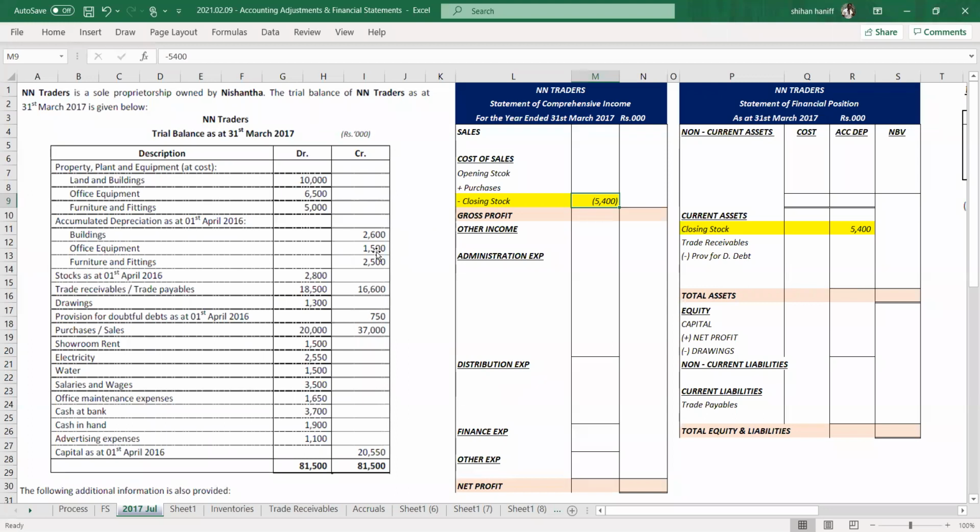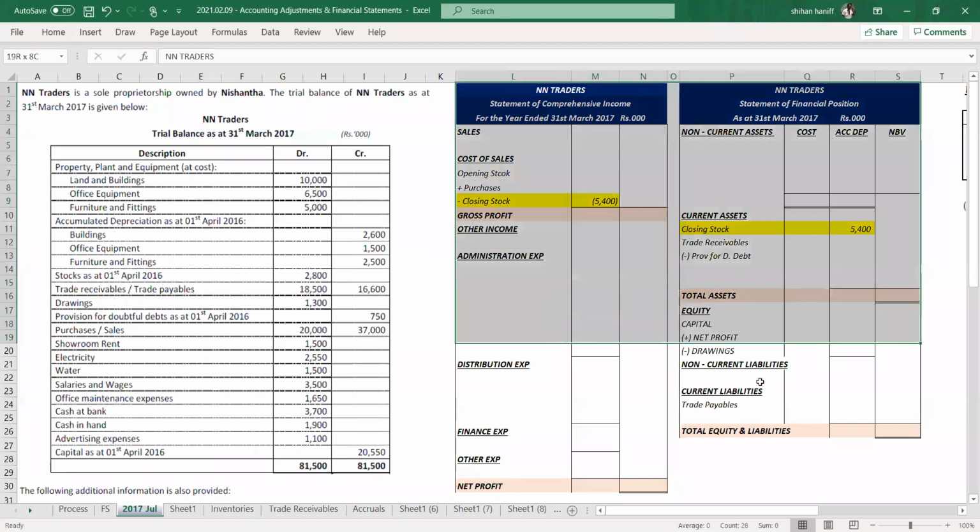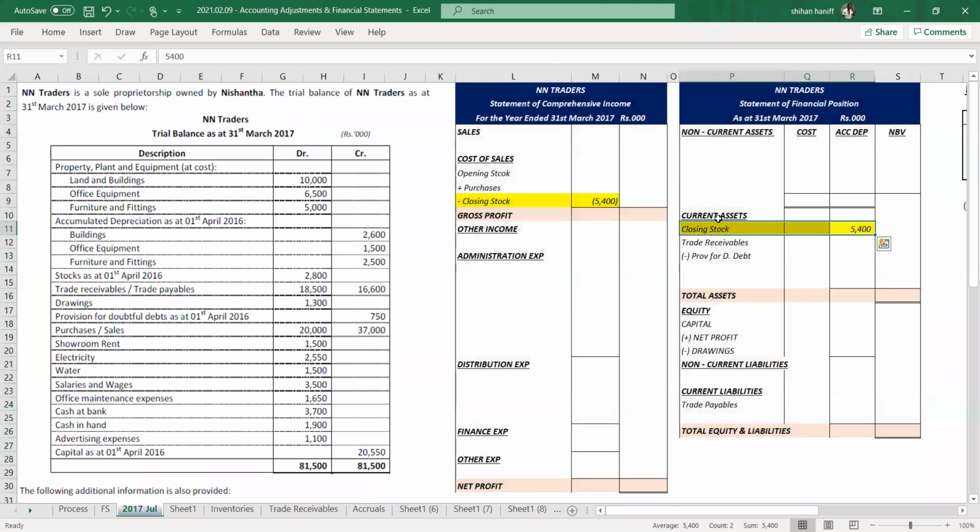From this question, what I need is to understand the format. Only the format. Later, we'll do more complex adjustments. Okay, so inventory goes to 2 places: current asset under closing inventory, and cost of sales. For purchases, we deduct closing stock.